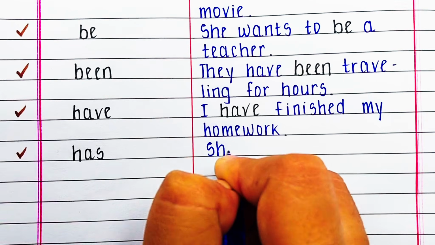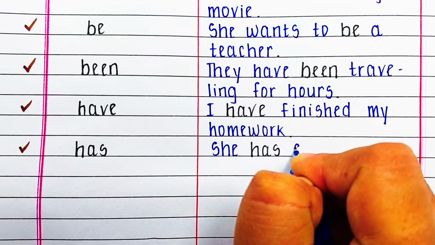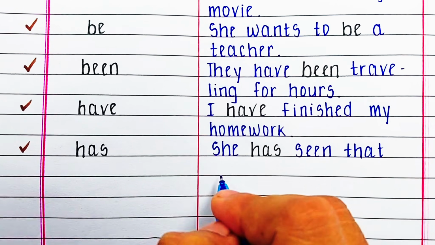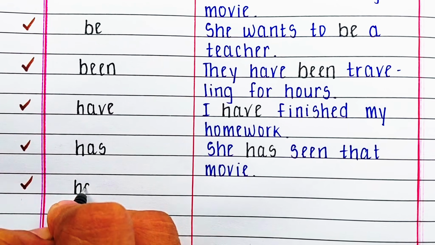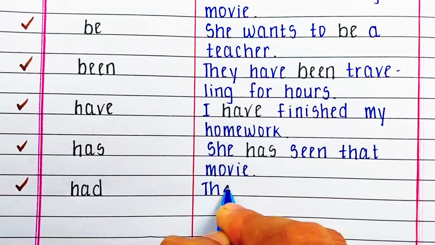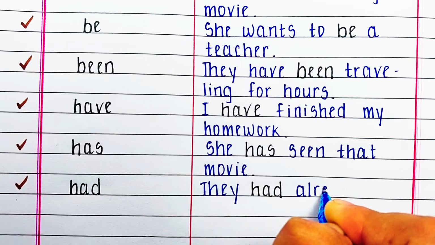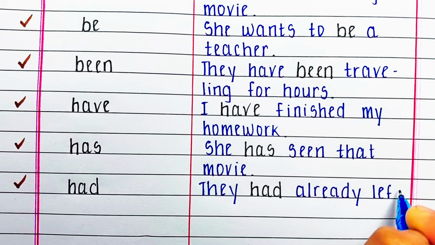Next, has. Example, she has seen that movie. Here, has is the helping verb and seen is the main verb. Next, had. Example, they had already left when I arrived.